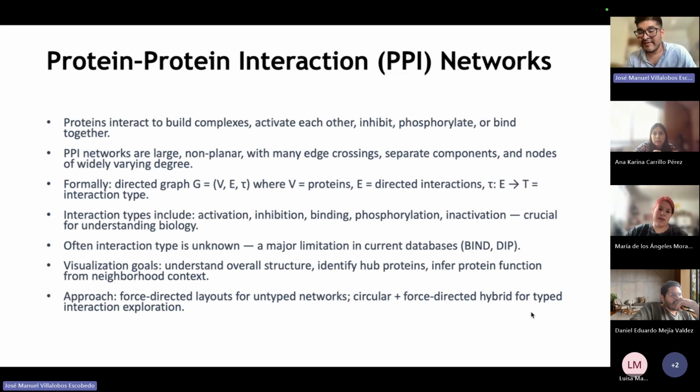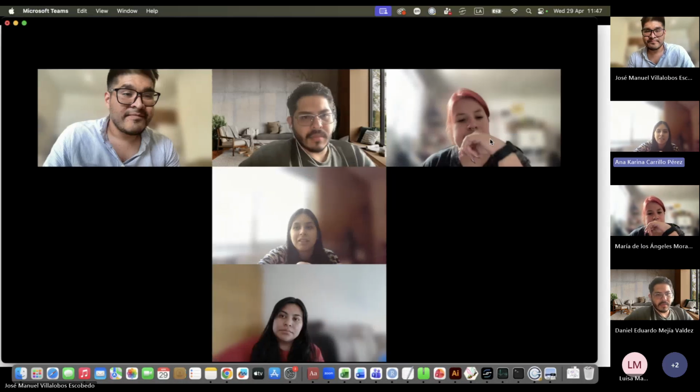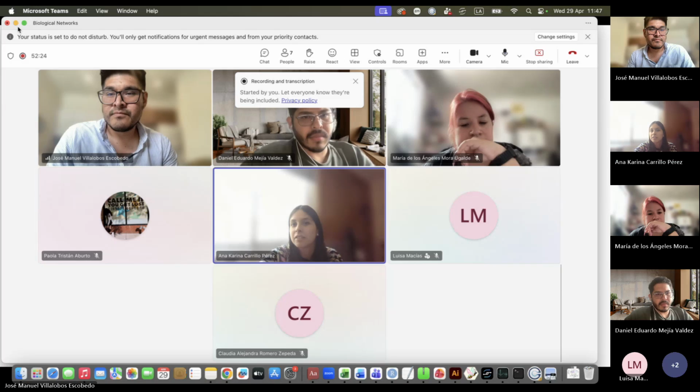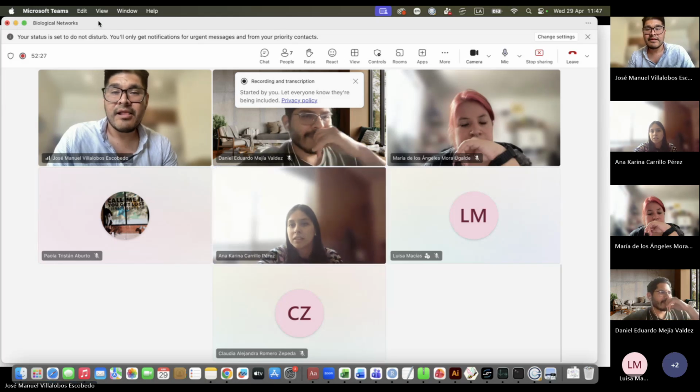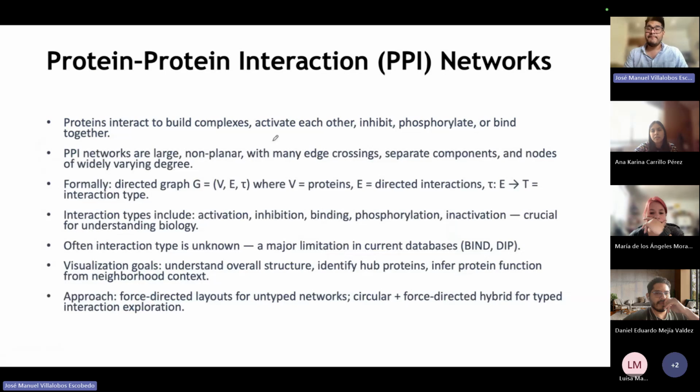Karina, do you have any idea, any comment? I don't know. I was thinking about molecular docking, but I'm not sure. Molecular docking, okay. Yeah, like in silico first to predict possible interactions, but I'm not sure.